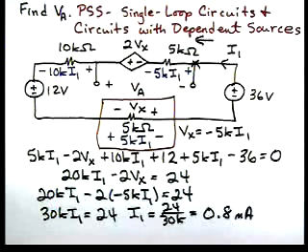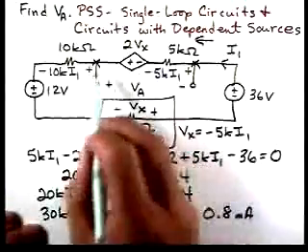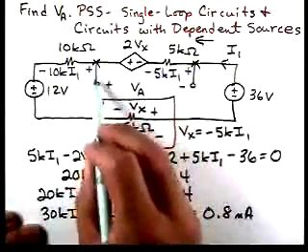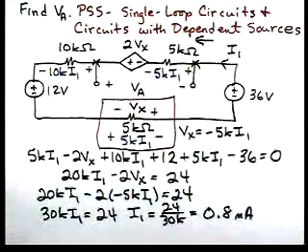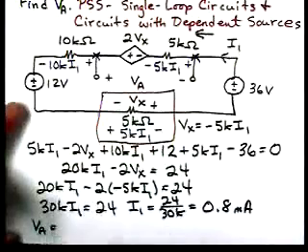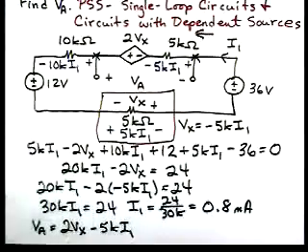If we look at our circuit diagram and do KVL around this loop, going from here all the way around to here and then back through to here, for VA we get VA equals 2Vx minus 5K I1. That's from Kirchhoff's voltage law.